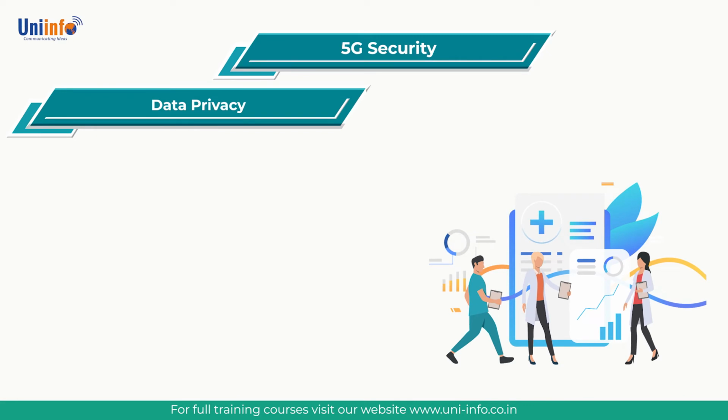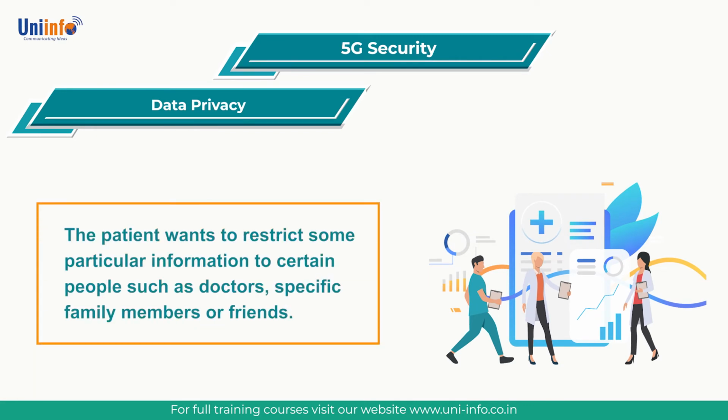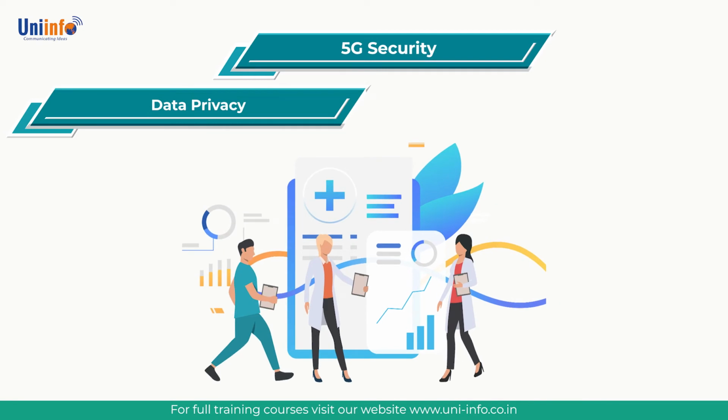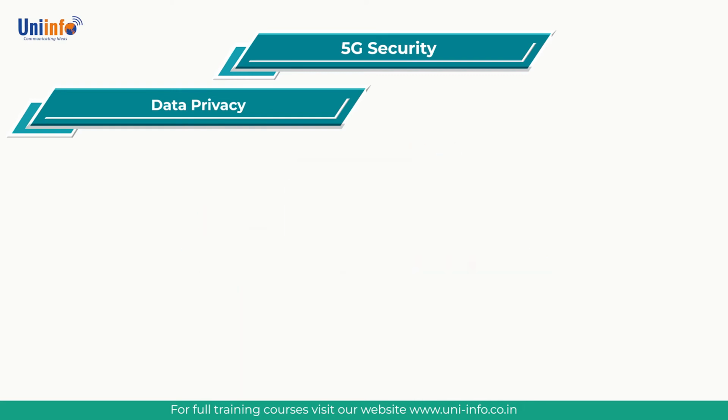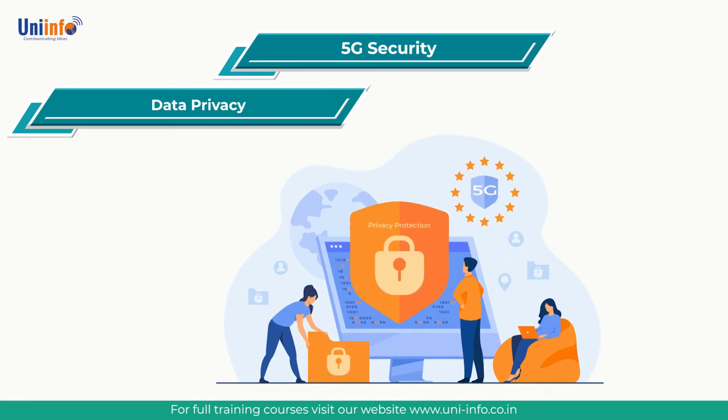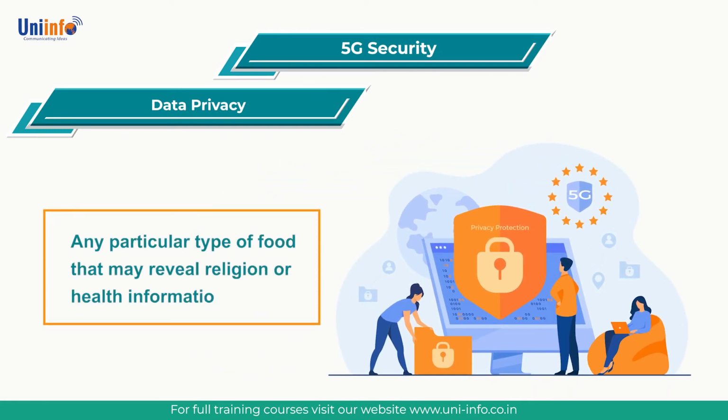In many cases, the patient wants to restrict some particular information to certain people, such as doctors, specific family members, or friends. But malicious users or unauthorized persons may access the information and use it for unethical purposes. Another example of privacy breaches can be the consistent purchasing of a particular type of food, which may reveal religion or health information.